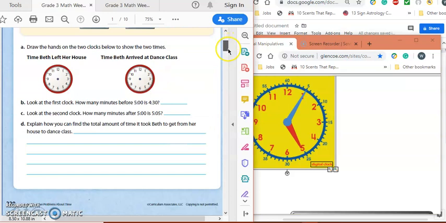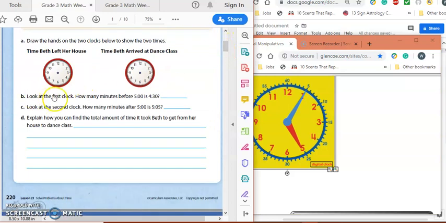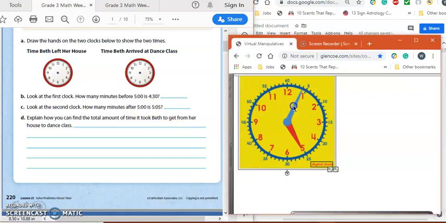Let's move along. When we looked at the first time, it was 4:30. And how many minutes before 5 is 4:30? If you said 30, you are correct. Now we're going to look at the second clock. How many minutes after 5 is 5:05? Well, let's go back and see. Here's 5 o'clock, and 5 minutes after is 5:05, so it makes it 5 minutes.